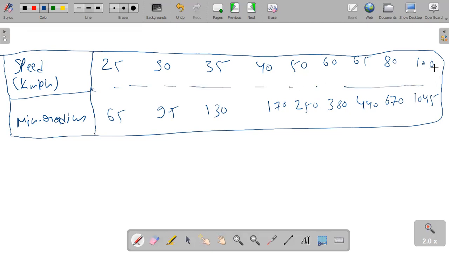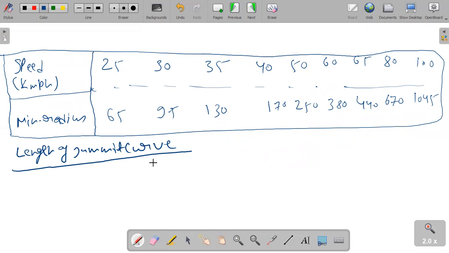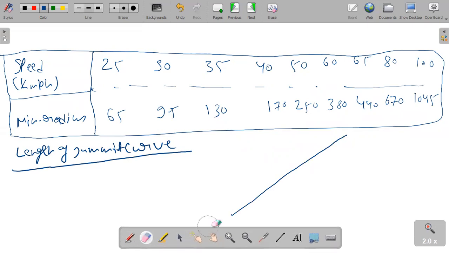One more thing in summit curve is the length of summit curve. Before that, let's draw a diagram for the sake of simplicity.